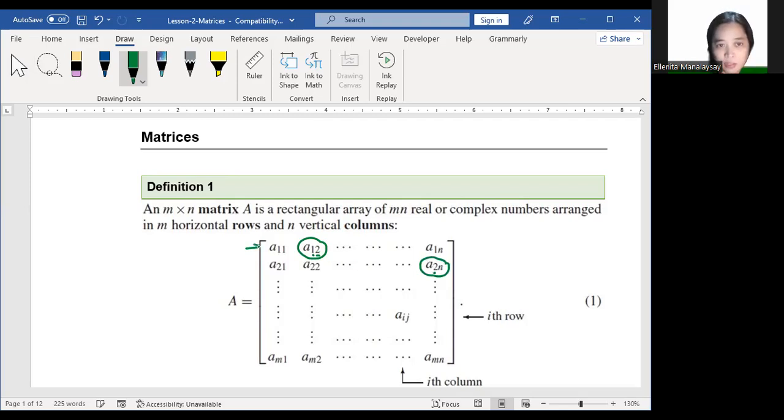This is the first row and this is the second row. So this A2N is located at the second row and the nth column. This is our row. Then these are the columns. This is the first column. This is the second column, the third, fourth, fifth, up until the nth column.